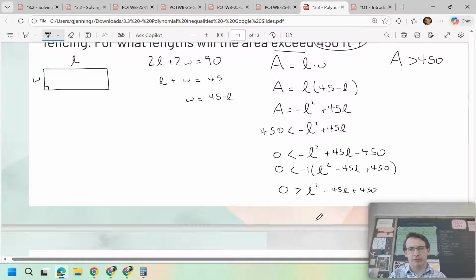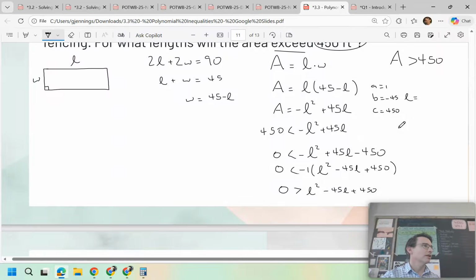So let's feed it the quadratic formula. 4 times 10 is, yeah, it does indeed have roots. So let's feed it to the quadratic formula. A is equal to 1, B is equal to minus 45, and C is equal to 450. So we have L is equal to, sorry? It's possible. Oh, what is it? 15 and 30. 15 times 30?